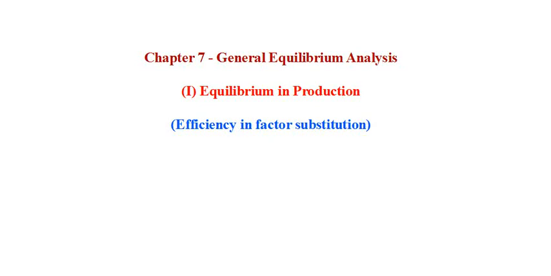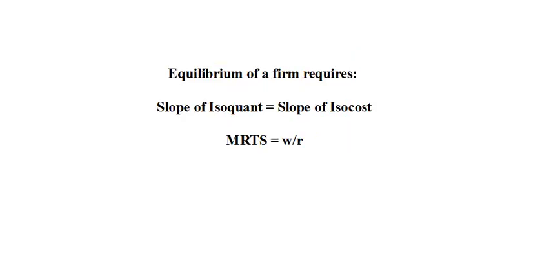Now you know that the equilibrium of a firm is obtained when the slope of isoquant is equal to the slope of isocost. So the slope of isoquant is given by the marginal rate of technical substitution, and for the slope of isocost you need to know the price of labor and capital, which is given by the wage and rental rate of capital.